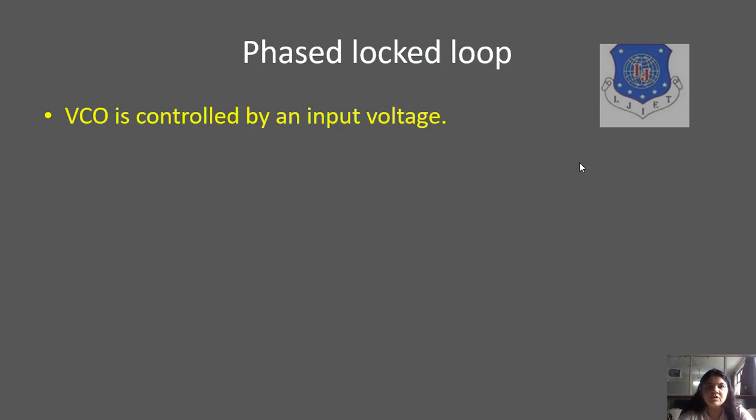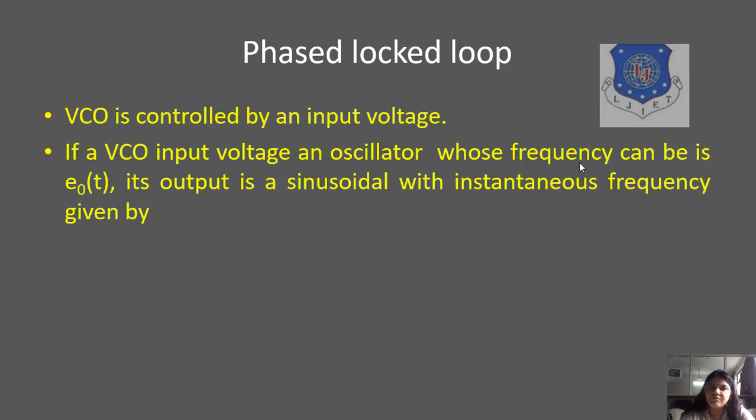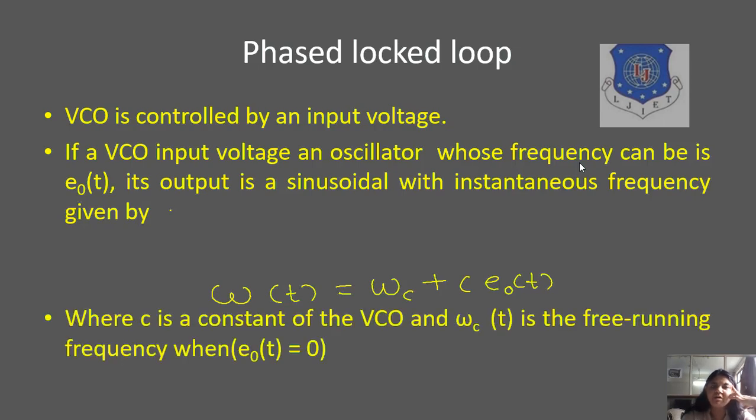Suppose the VCO is controlled by the input voltage, as I said earlier. Now if an input voltage E0(t) is applied to the VCO, its output is a sinusoid with the instantaneous frequency given by omega(t) equal to omega c plus c E0(t), where c is the constant of the VCO and omega c is the free running frequency when E0(t) is equal to 0.